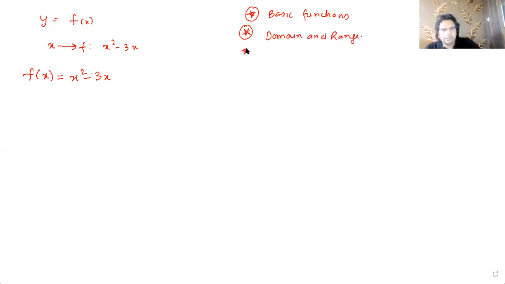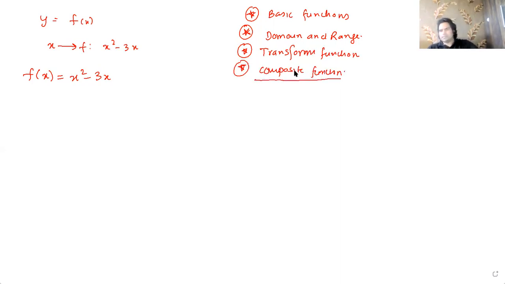The third is going to be understanding how to transform functions. And fourth will be something called a composite function. So the objective of this lesson is to understand these critical things about functions. We'll try to keep it as concise as possible.